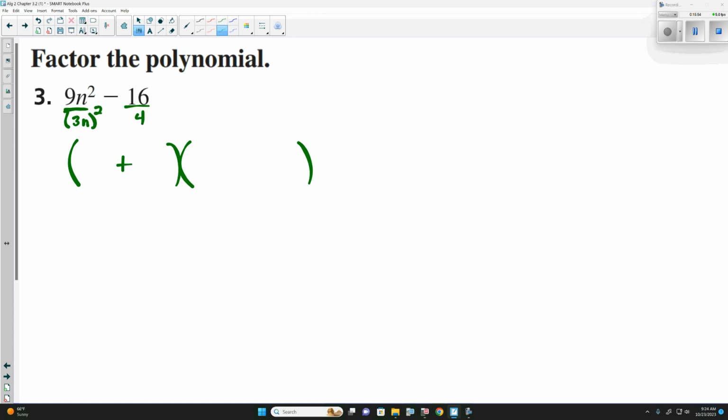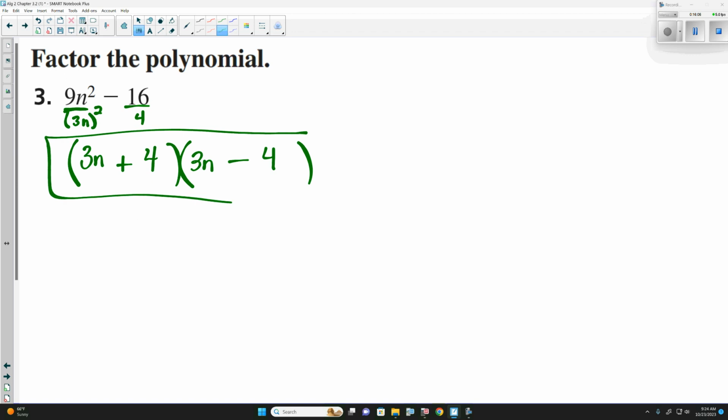So we'll have our plus and minus. Since 9n squared went first, our 3n and 3n will go first. Since 16 went second, our 4 and 4 will go second. Questions on this here? Questions on any of this so far?